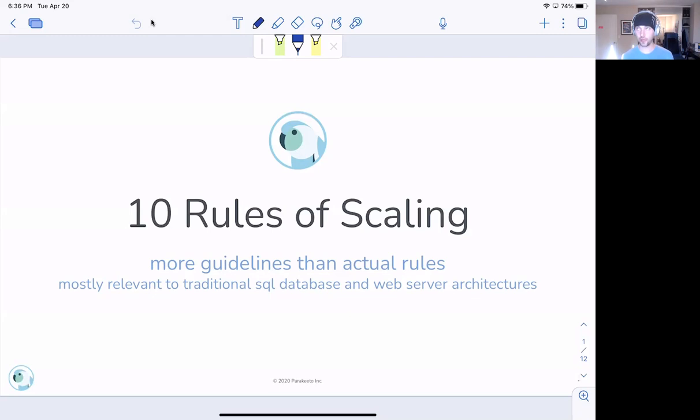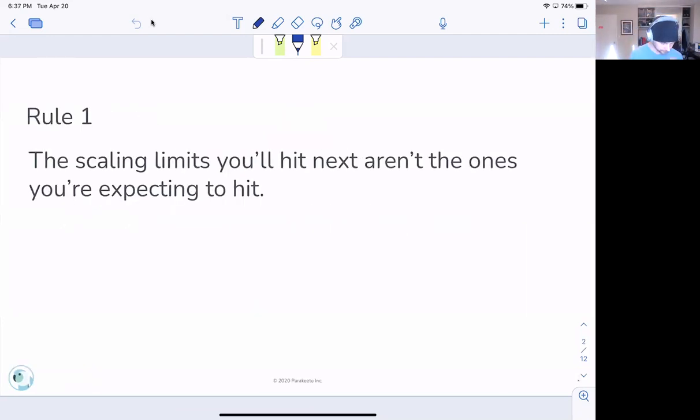Lots of this can still translate to modern architectures like serverless, or something more Dockerized or Kubernetes based, but some of the points I make might be a bit less relevant. Having gotten all that boilerplate out of the way, let's dig into the first rule.